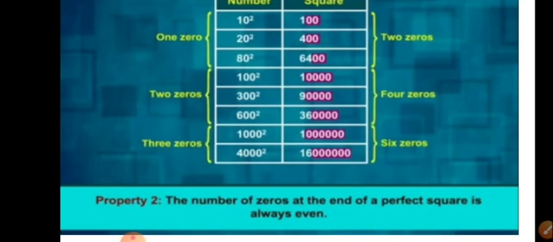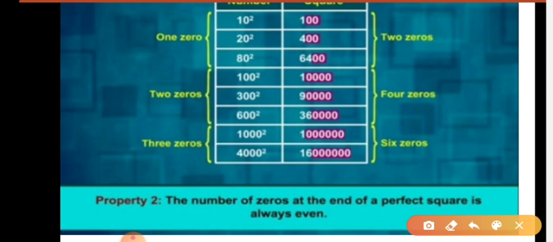Property 2 says that the number of zeros at the end of a perfect square is always even. Now see here, this is a perfect square, 100.